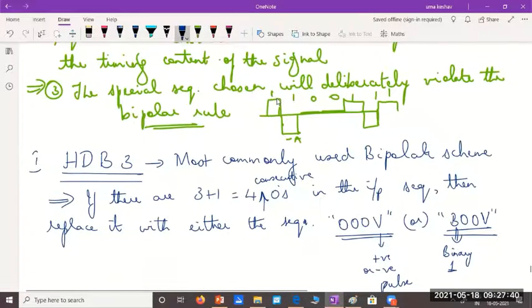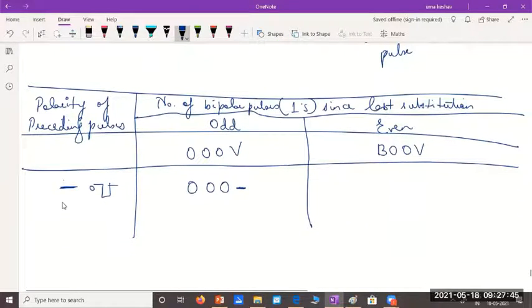According to bipolar rule, I should have alternate positive and negative. But here, if the preceding pulse was negative, I'll take the successive one also as negative, and I'm violating the bipolar rule. Why do we do that? So that the receiver gets to know, as soon as it sees this bipolar rule is violated, it will understand that it has to replace these 4 bits with 4 zeros.